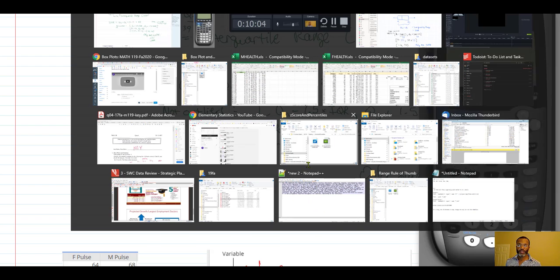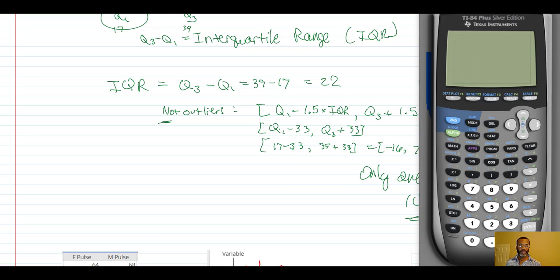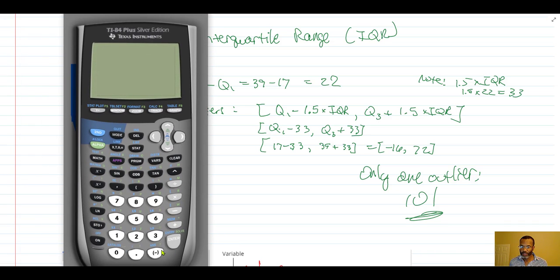Also, our calculator would have helped us find that outlier if we had decided to use this statistical plot instead of the first one. Let's go back to this one over here. This one will actually help us observe the outliers.